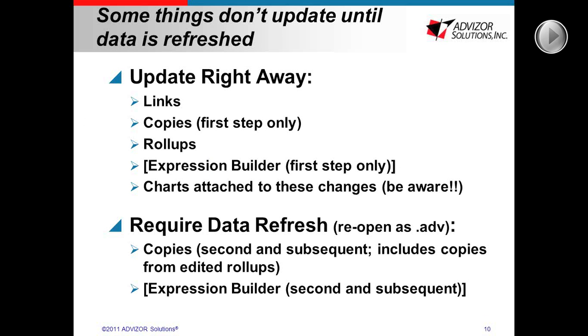But subsequent copies, so if I copied affiliation from gift to rating and edited the original copy from entity to gift, the copy from gift to rating would not update right away until the data was refreshed. So also if you edited a copy that the field copied over was using an expression builder, the expression would not update until the data was refreshed as well.